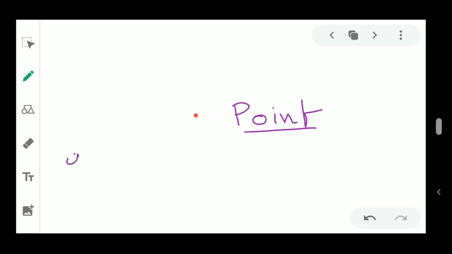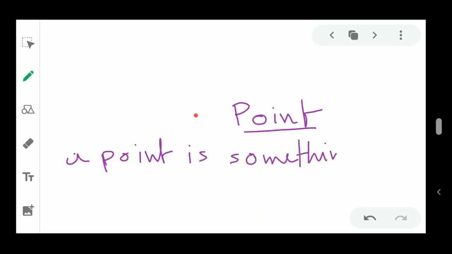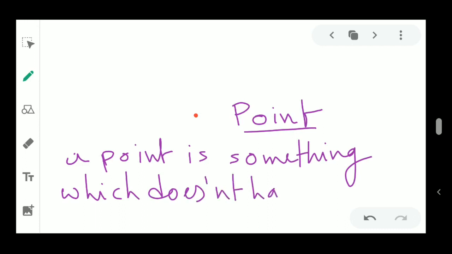A point is something which doesn't have dimensions. Dimensions means length or breadth or height. So a point is a dimensionless quantity.